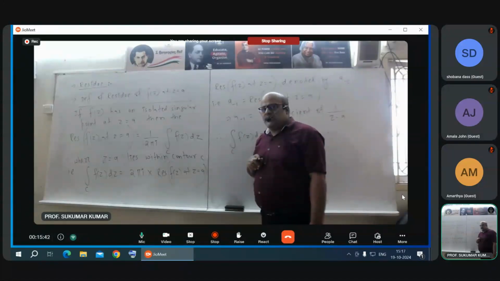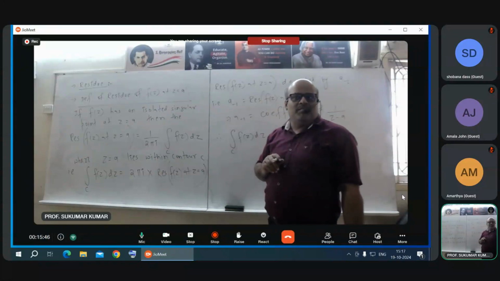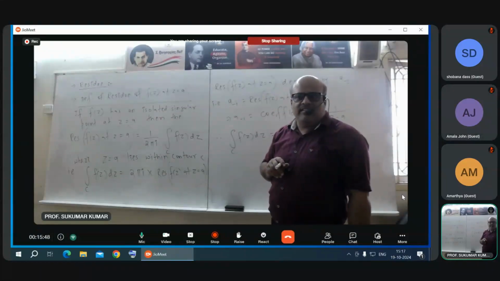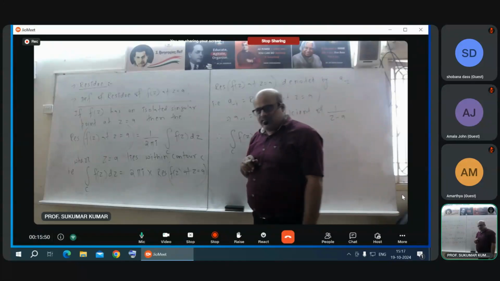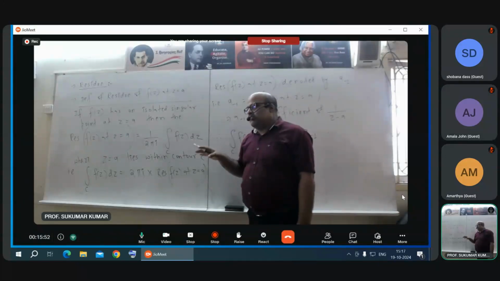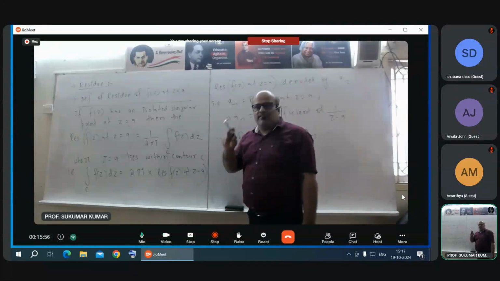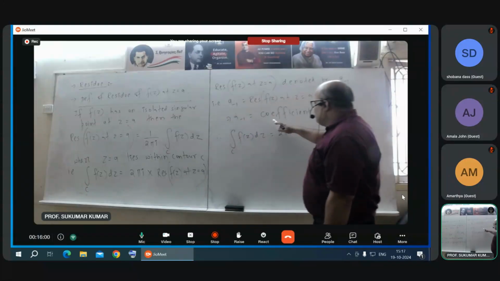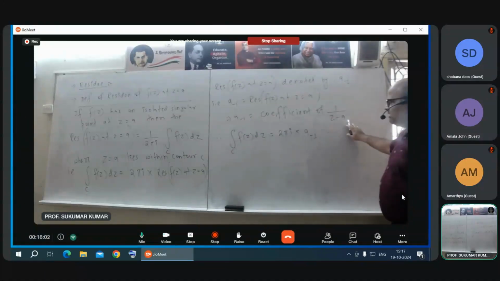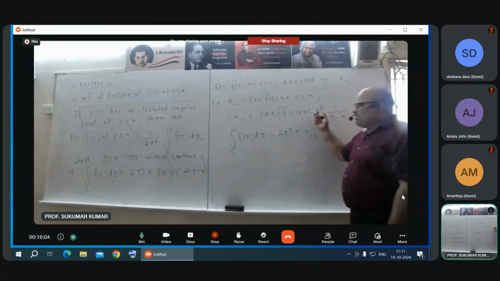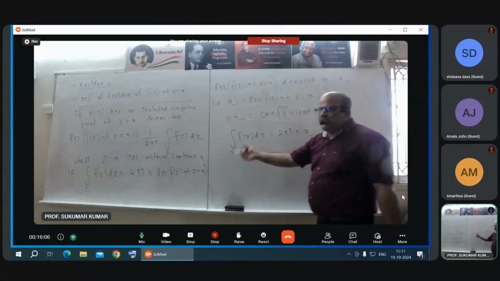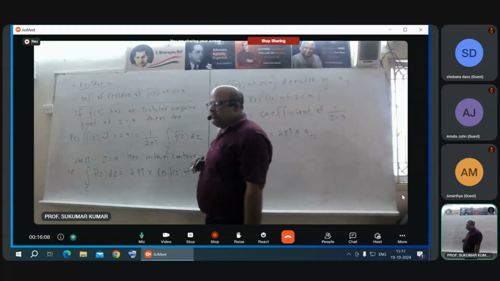Did you see this a minus 1 anywhere? In the principal part of the Laurent series, the coefficient of 1 by z minus a. Whatever coefficient of 1 by z minus a comes, that is always the residue. So a minus 1 is the coefficient of 1 by z minus a. We can find that and put it here, and then the integral value can be found.